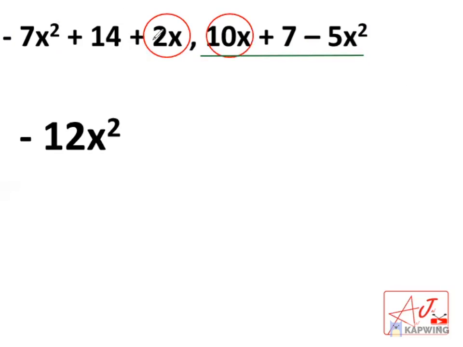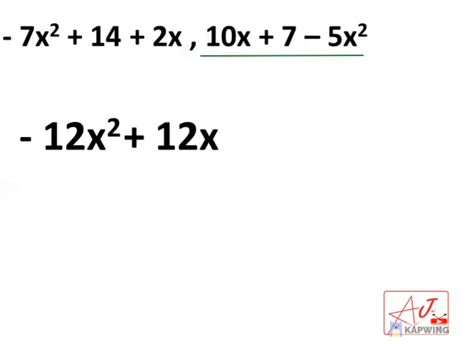Si 2x ay positive at itong si 10x dahil wala siyang sign dito, automatic positive din siya. So dahil pare silang positive, i-add natin sila. And 10 plus 2 is equal to 12. And then copy natin yung sign which is positive as well as the variable x. So therefore, pag pinag-combine natin si 2x at si 10x, ito ay magiging positive 12x.